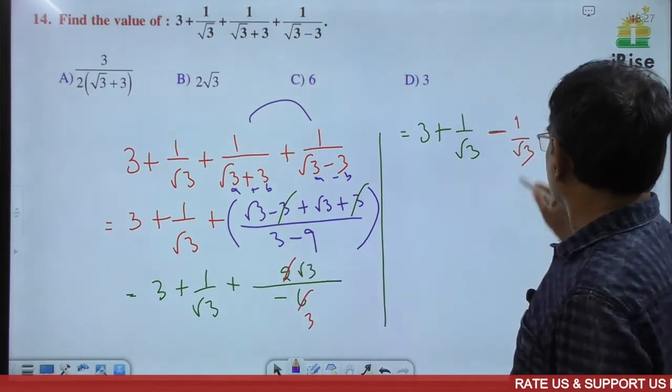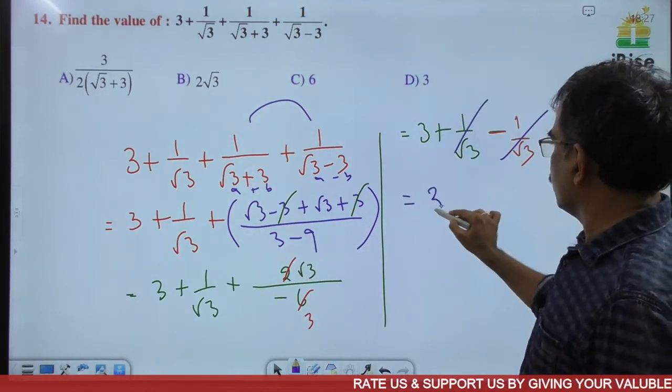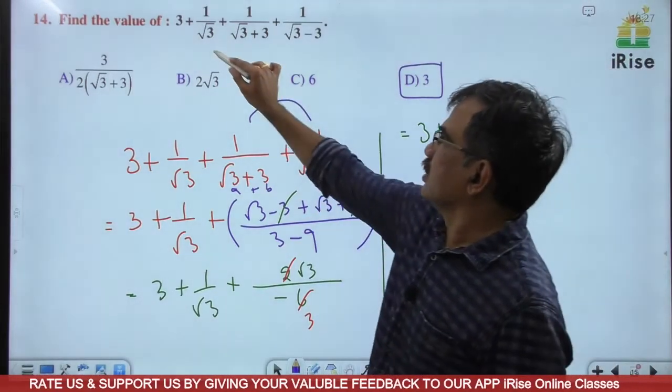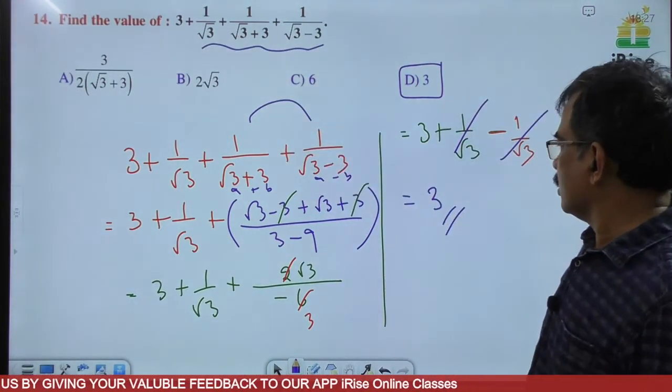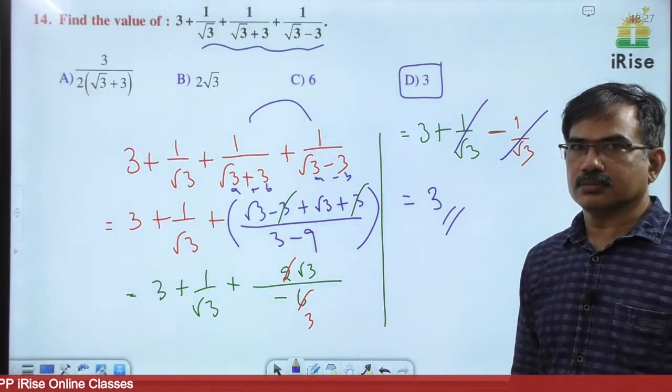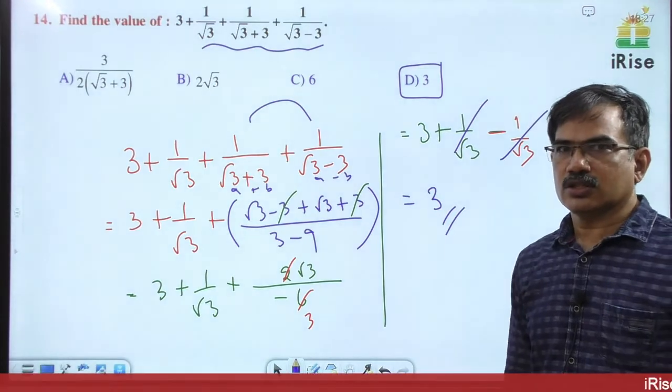If it is 1 by root 3, again these two cancel, so the answer for this question is simply 3. That means these 3 get cancelled, we get the answer as 3. Okay, next question.